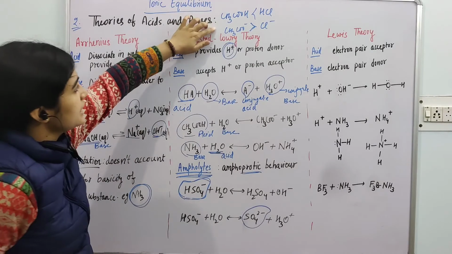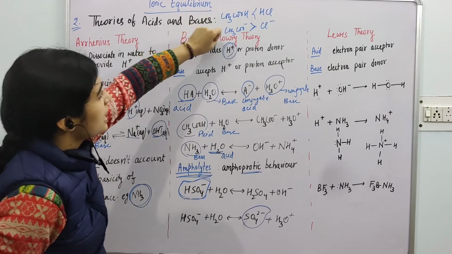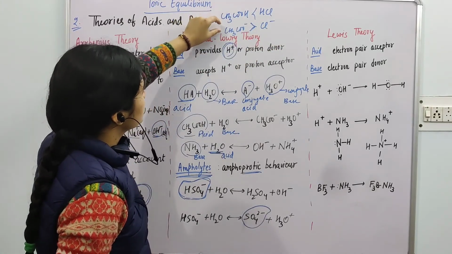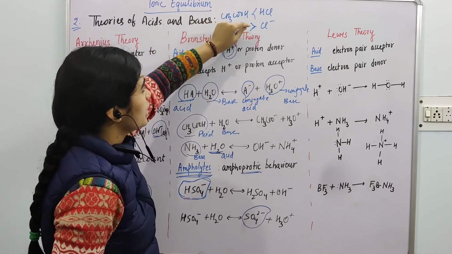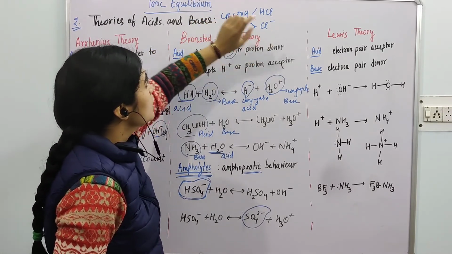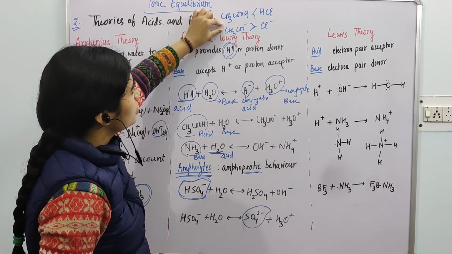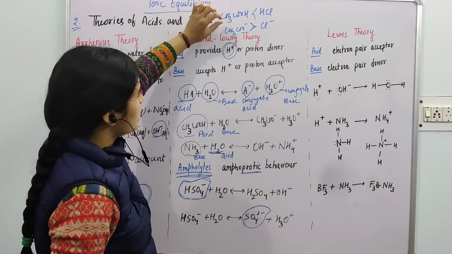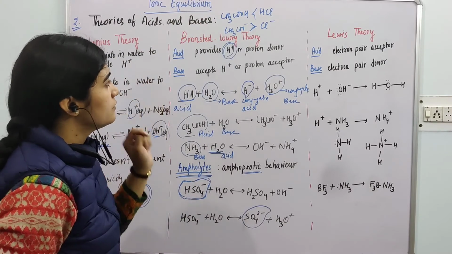CH3COO negative will have a higher tendency to form acetic acid as compared to Cl negative. That means the tendency to accept the proton will be higher in case of CH3COO negative as compared to Cl negative. So you can say the basicity of the conjugate base of acetic acid is higher as compared to that of HCl. So the relation is reversed.